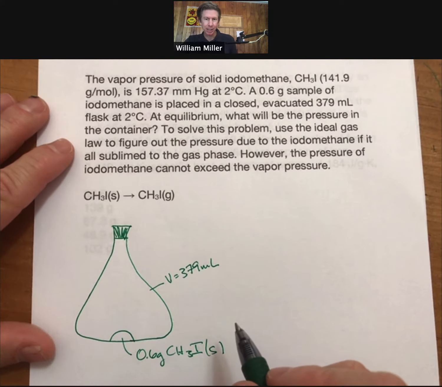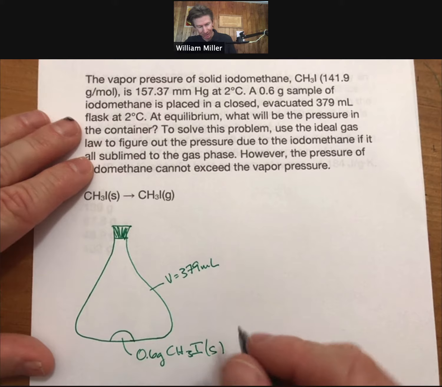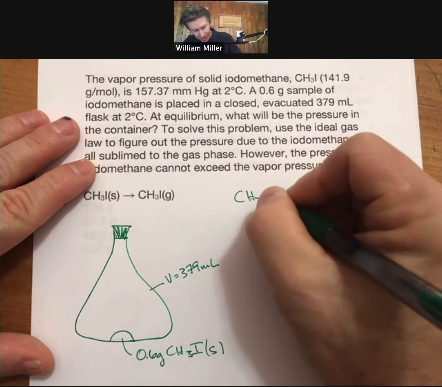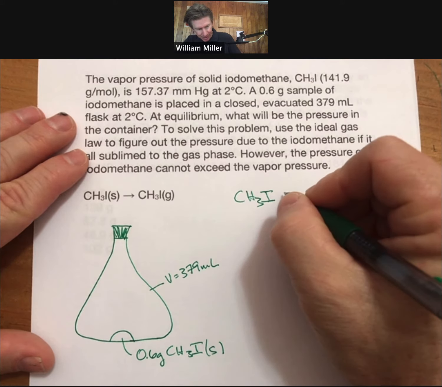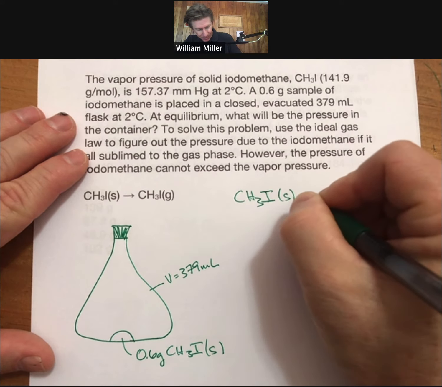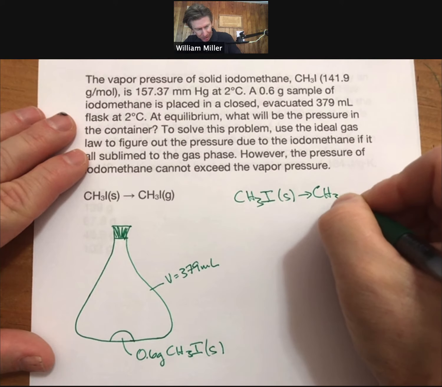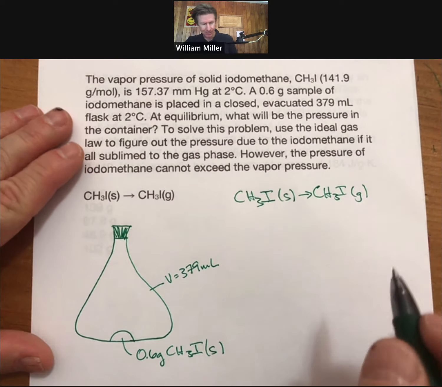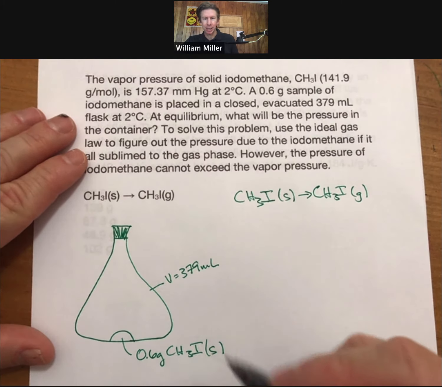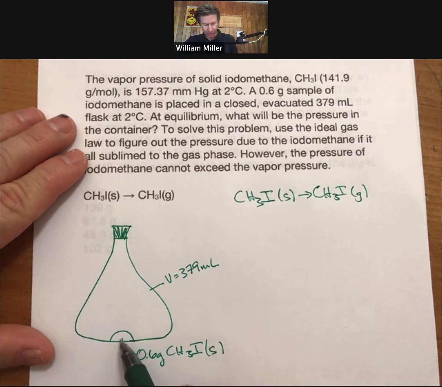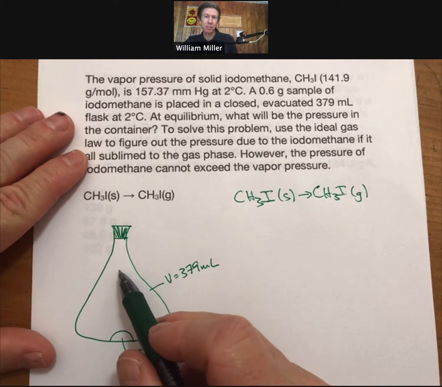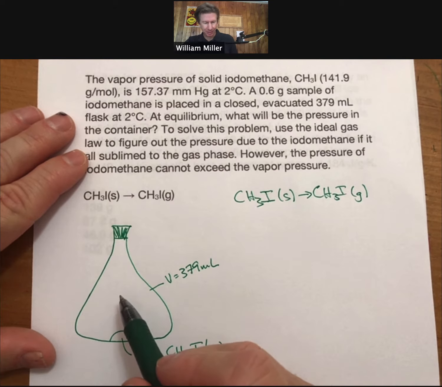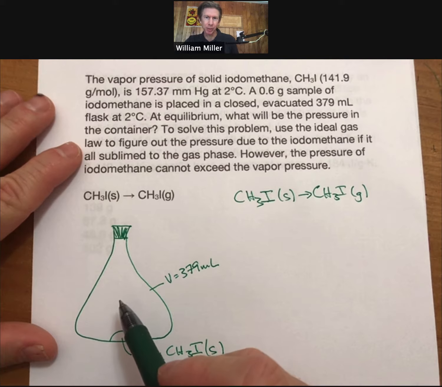Vaporizes. Well, maybe the process is actually subliming, but it is still considered the vapor pressure. Solid going to CH3I gas. And our thought is, let's calculate if all of it goes from solid to gas, goes into the vapor phase, and we'll get a pressure from that.